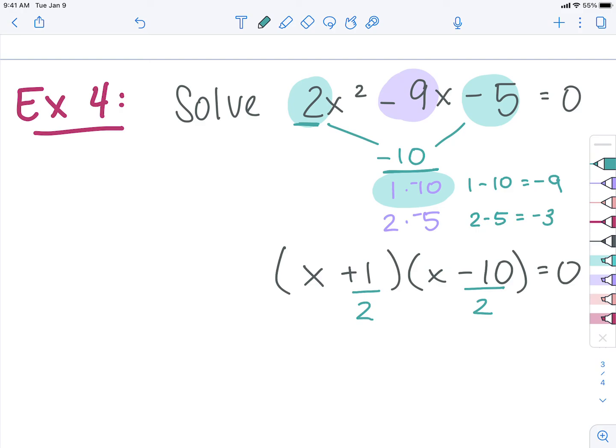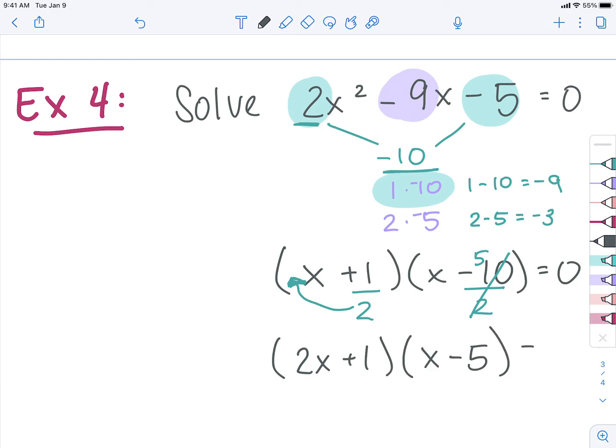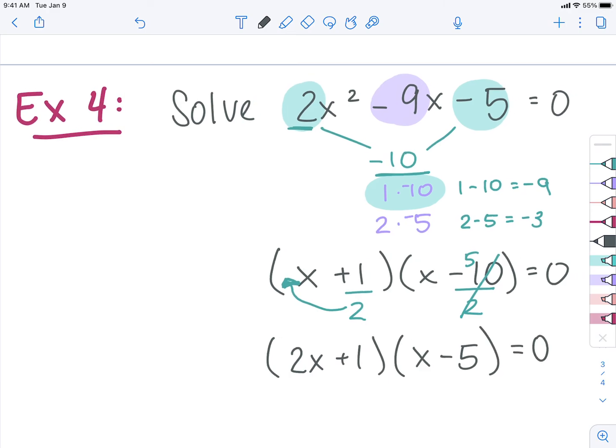Because I can't simplify a 1/2, I can just bring the 2 up. I can bring that bottom up. Here, I can simplify 10 over 2 to be 5. So now I'm going to have 2x plus 1 and x minus 5 equals 0.